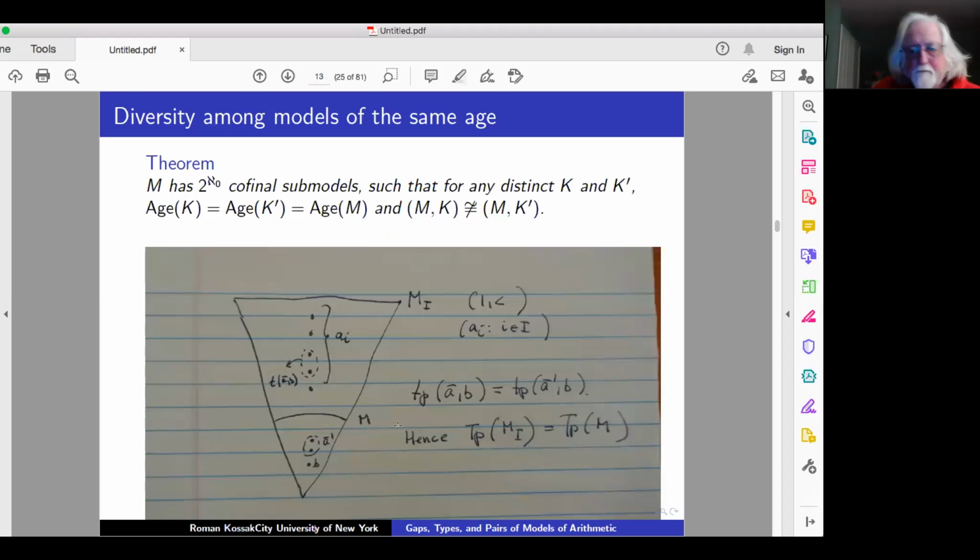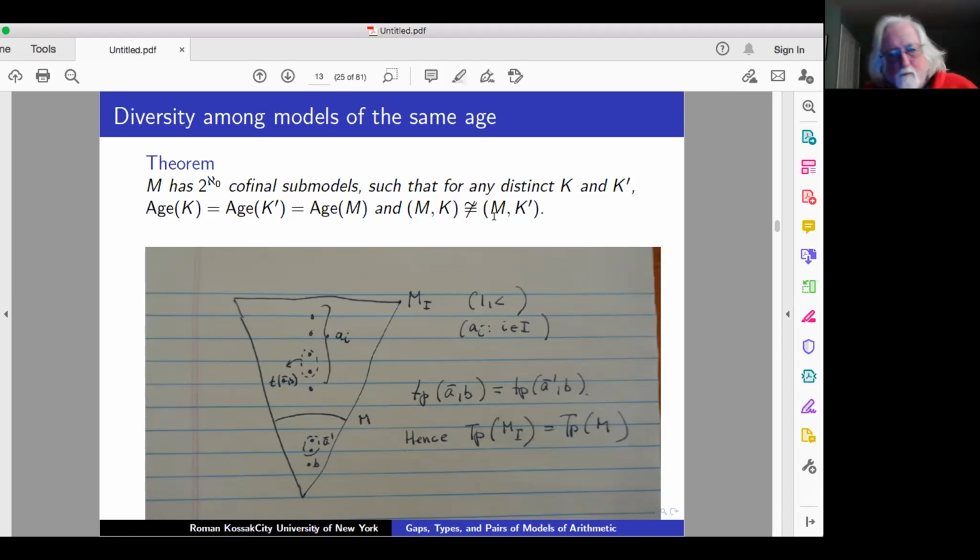Okay. So now, as I said in the footnote, I will try to give credits wherever I can, but all those theorems and results that don't have credits come from this joint paper with Jim. Okay, so the previous example gave lots and lots of submodels, and they differed by their age. So how about getting lots and lots of submodels that all have the same age, and the pairs are still not isomorphic?